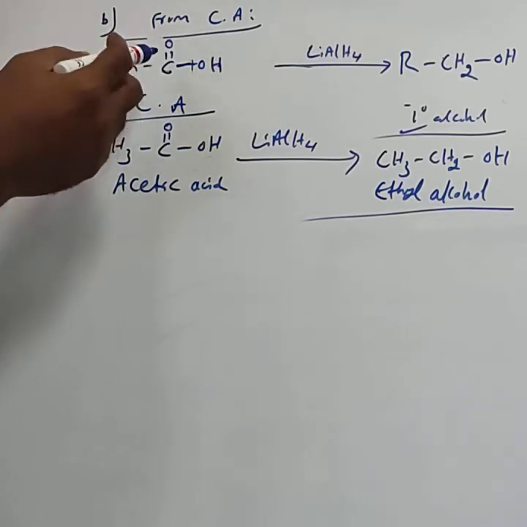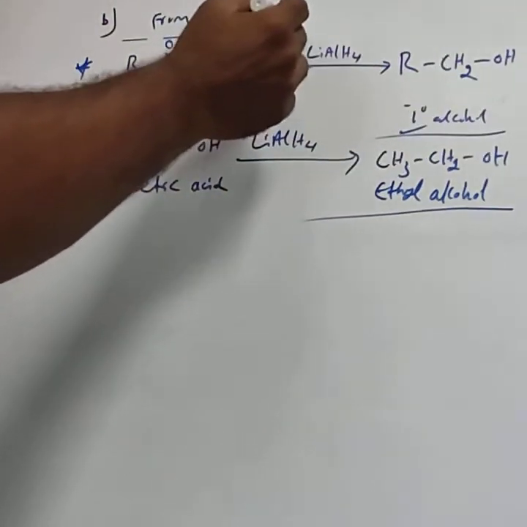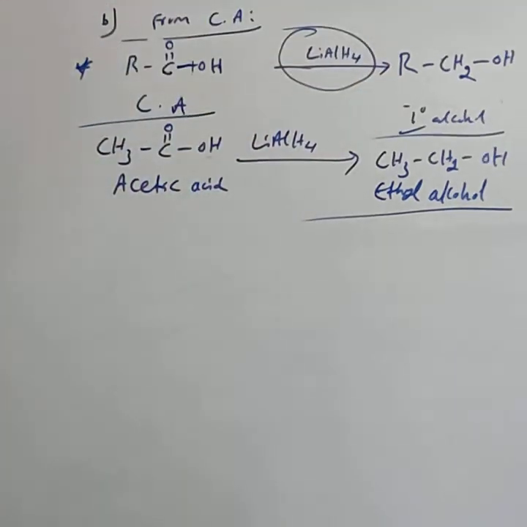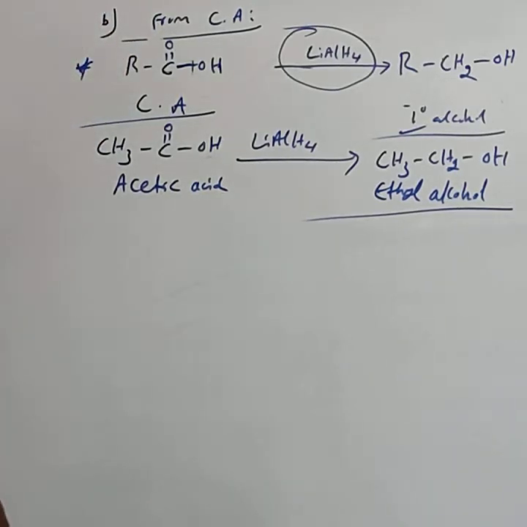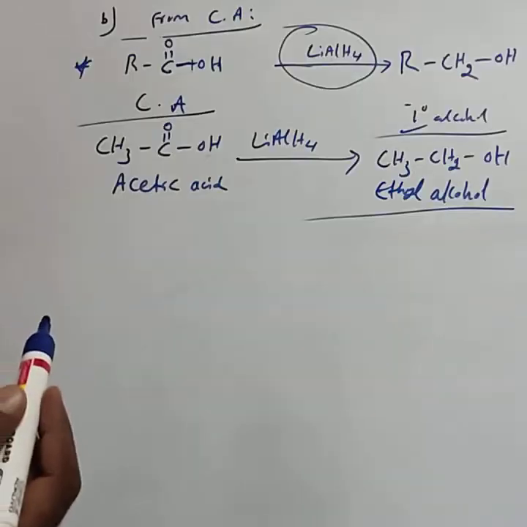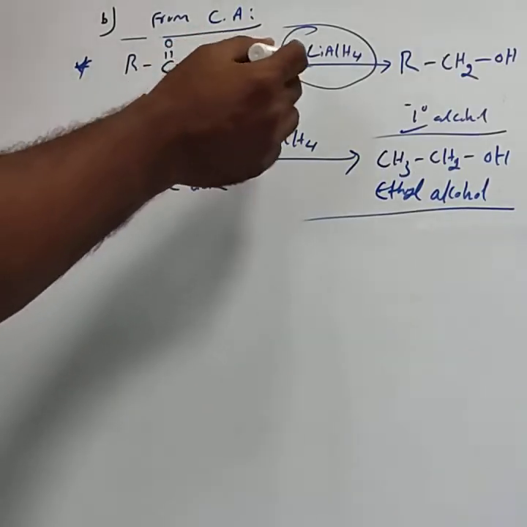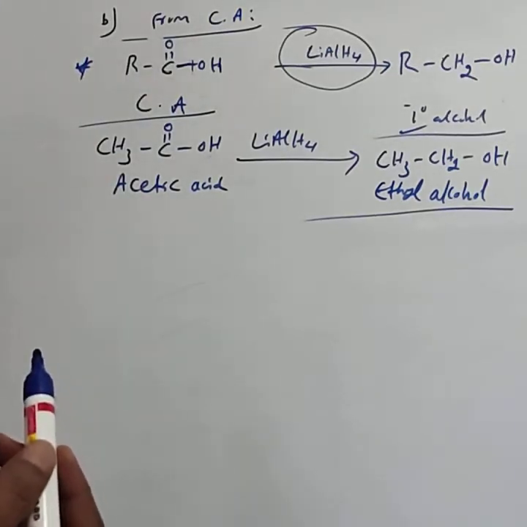That is, to reduce carboxylic acid into alcohol, the reducing agent used is LiAlH4. No other reducing agent will reduce the carboxylic group. The disadvantage of LiAlH4 is that it is an expensive reagent.